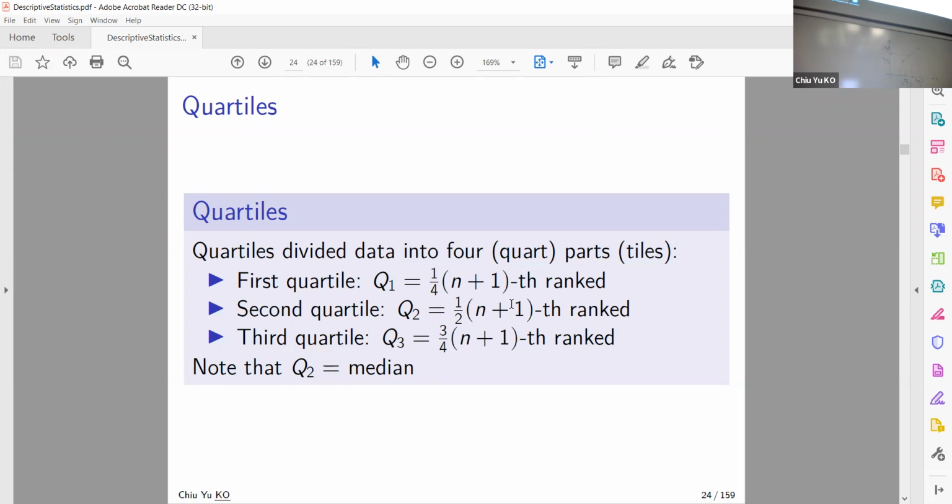But when (n+1)/2 is not an integer, you convert it to decimal places, and the decimal point must be 0.5, because it's 1 over 2. With 0.5, why are we taking the average of the two, right?